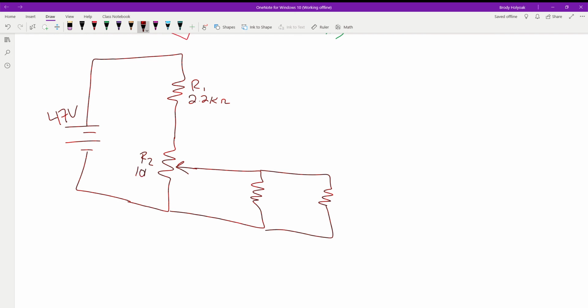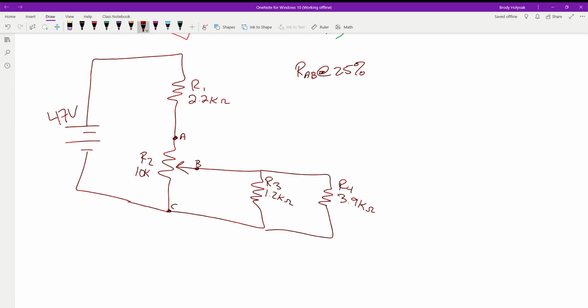R2 is 10K. R3 is 1.2 kiloohms. R4 is 3.9 kiloohms. And we'll label these guys A, B, and C. RAB is at 25%.